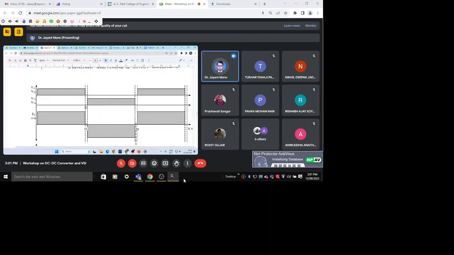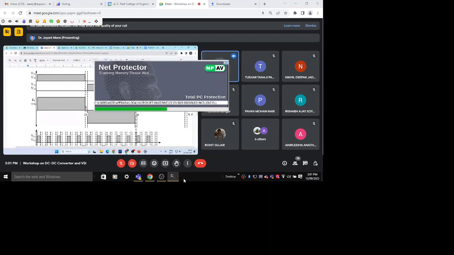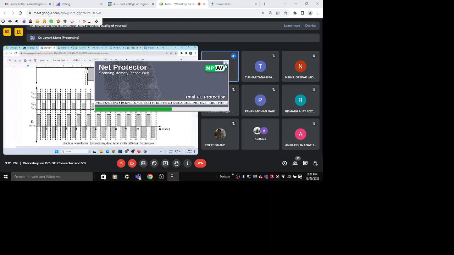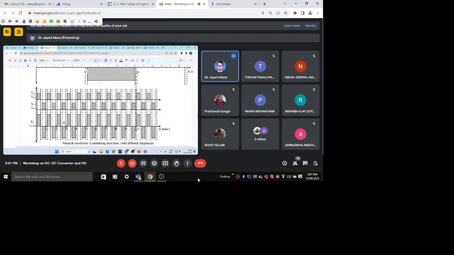Okay, now these are the other waveforms. The difference is in frequency. So these are waveforms with some different, higher frequency.